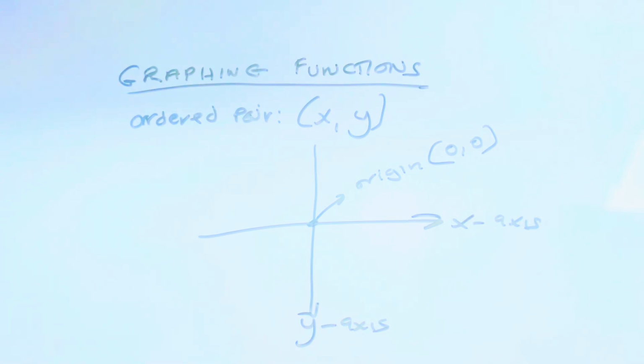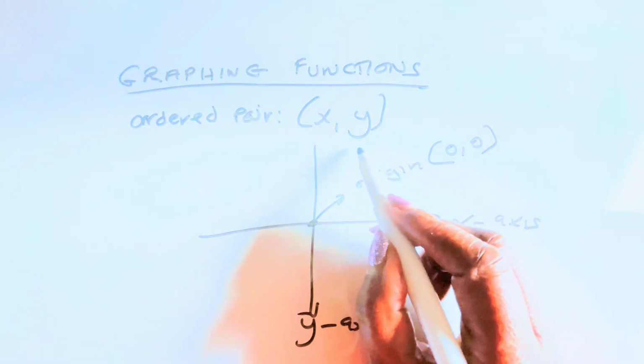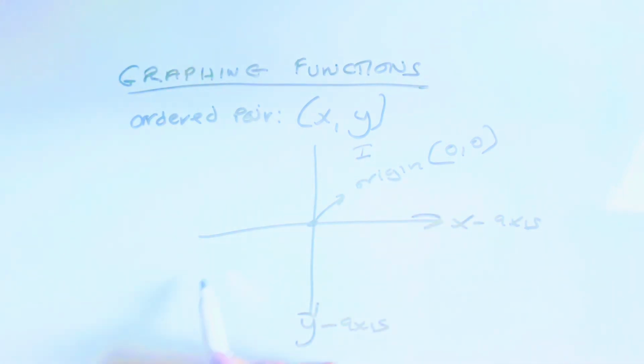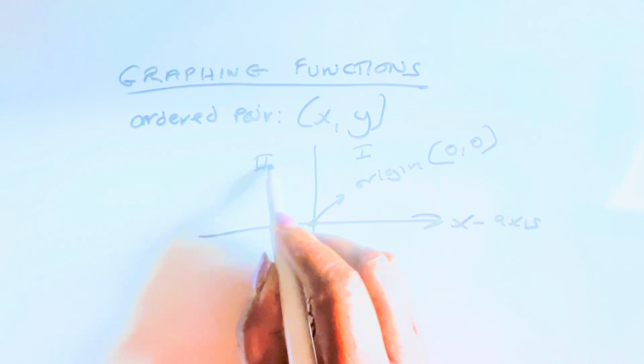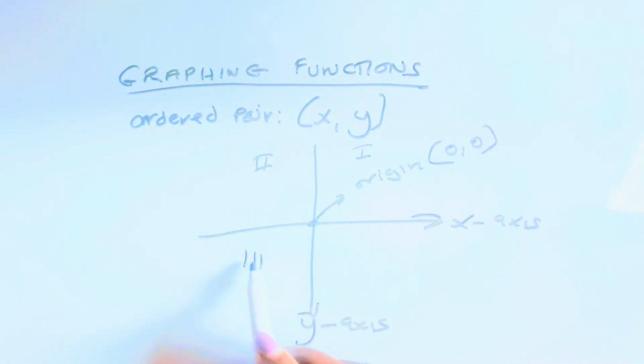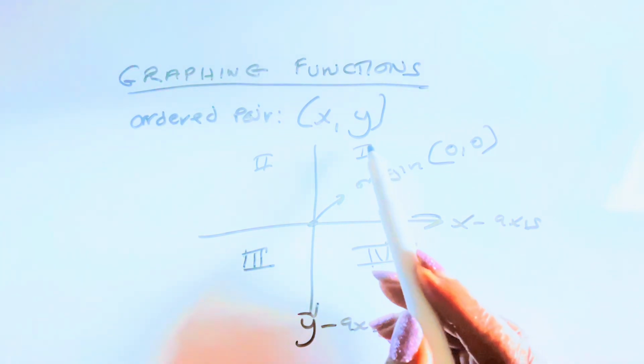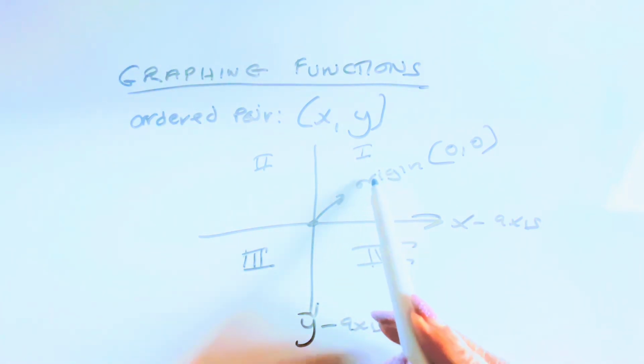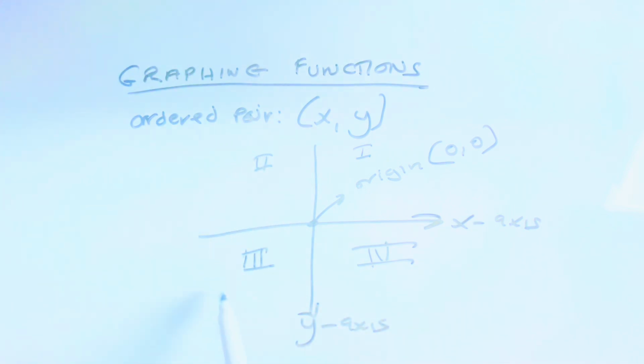When we are naming our graph, this is the first quadrant, second quadrant, third quadrant, and fourth quadrant. It's named counterclockwise. We start with the first quadrant and we go second, third, fourth.